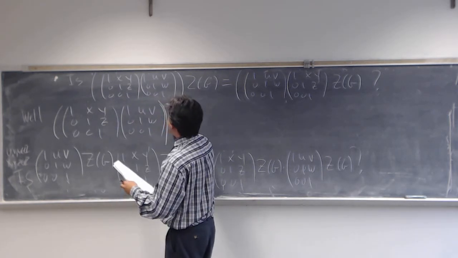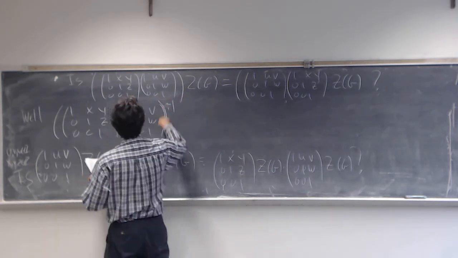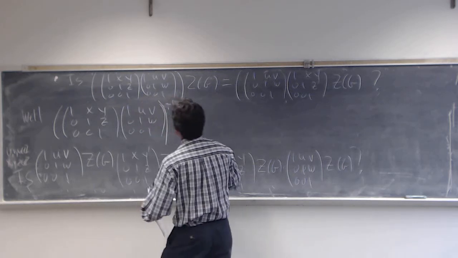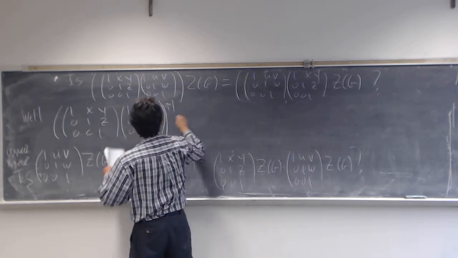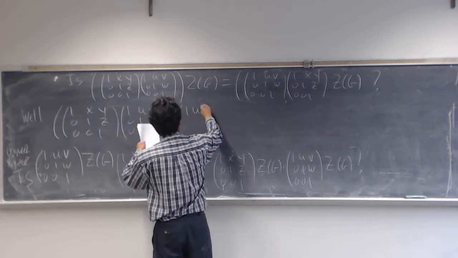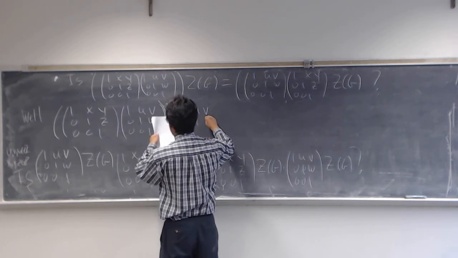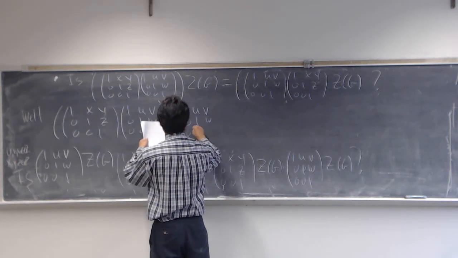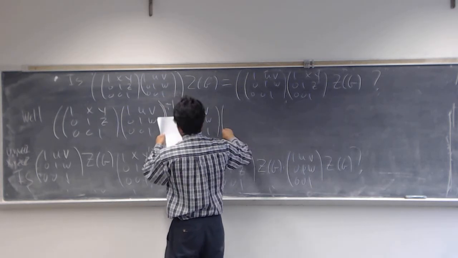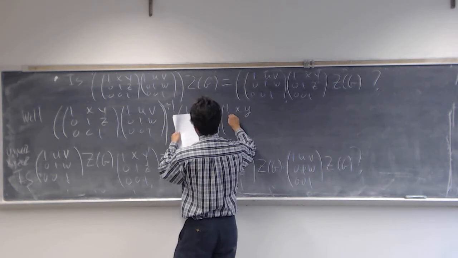Notice that the inverse is outside, so multiply first and then take the inverse. So think of that as being the inverse of this. And then times this.